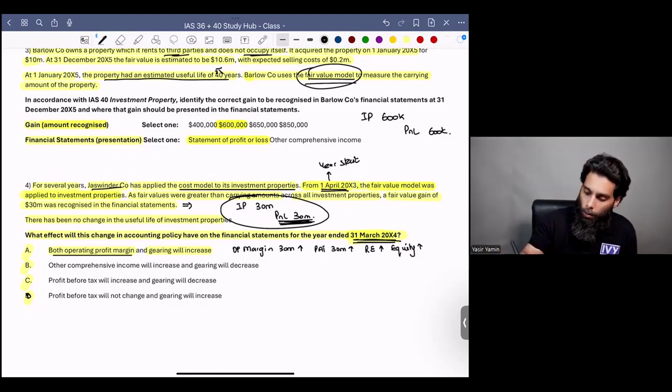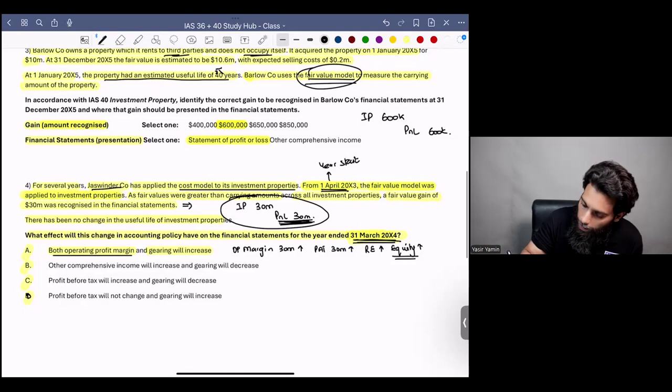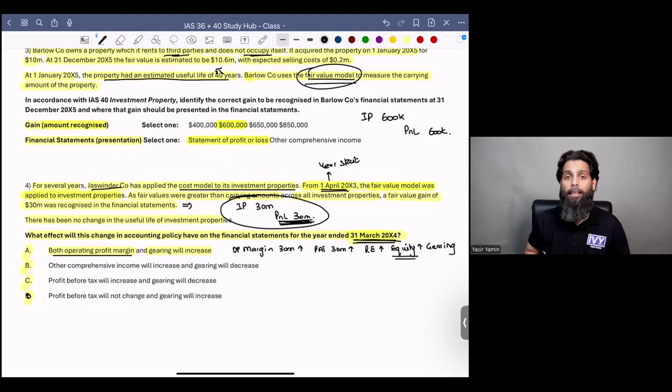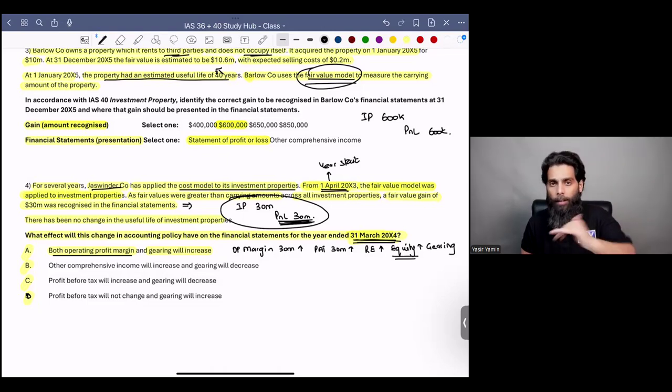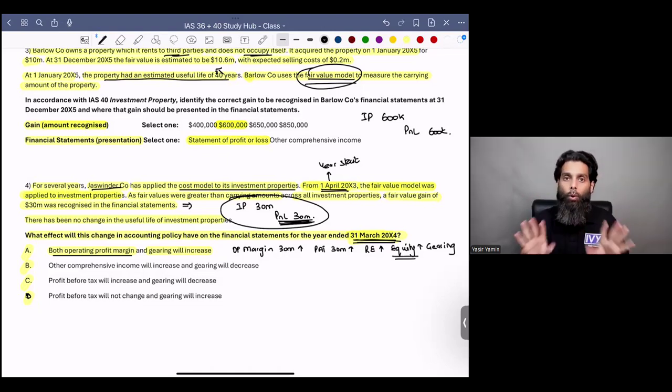Now I ask you, if we increase our equity, what would it have an impact on gearing? Would the gearing increase or decrease? You see, gearing means debt levels in your total capital structure. What amount of loans or what amount of long-term liabilities are there in your total capital structure?